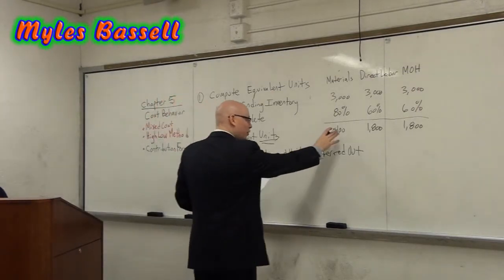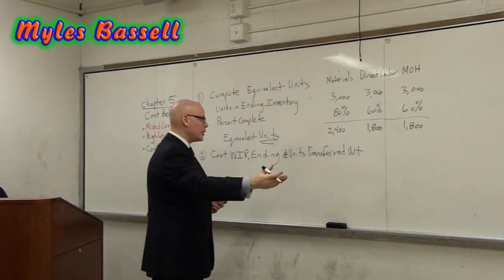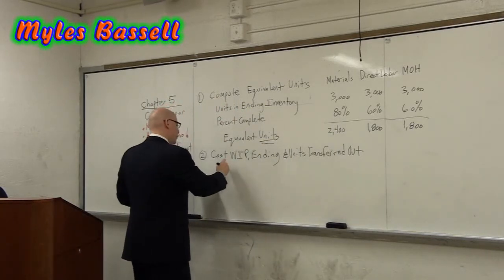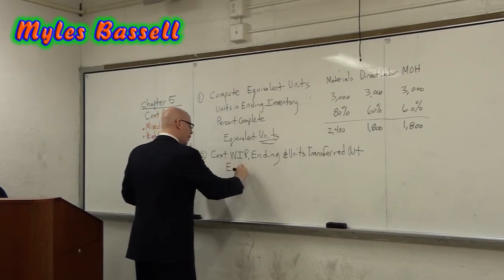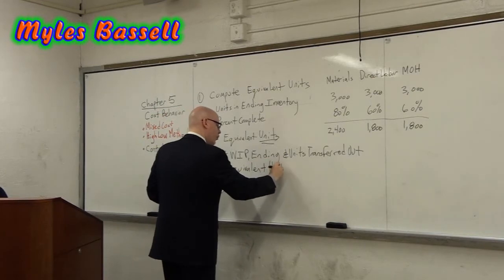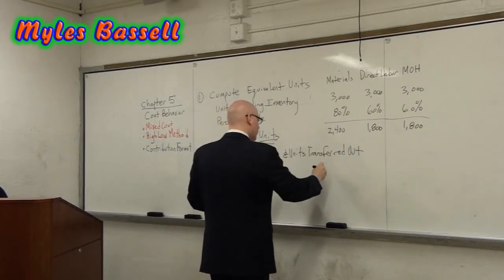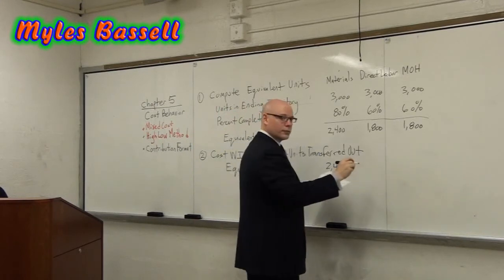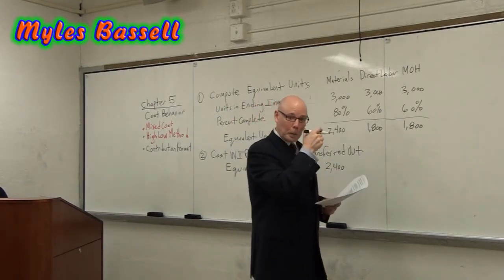All right, so we did the first step. We know the equivalent units. Now we're going to calculate the value of the work in process at the end of the period. So we just bring down the equivalent units into this part of the problem.